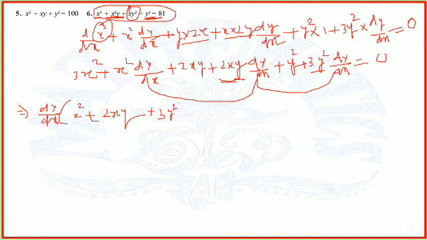The rest of the terms we will transfer to the right hand side. So minus 3x square, this is minus 3x square, this is minus 2xy, and then this is minus y square.